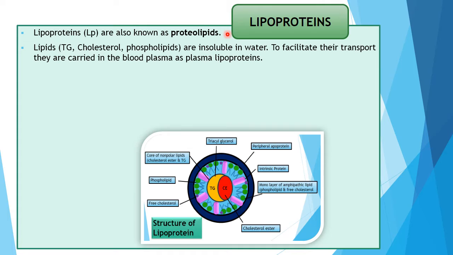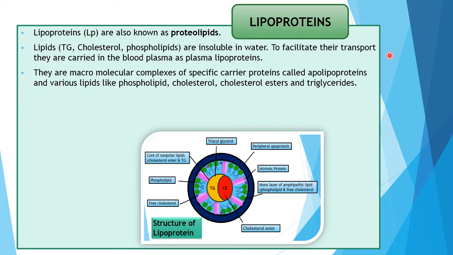You know that lipids like cholesterol, TG and phospholipids are insoluble in water. To facilitate their transport, they are carried in the blood plasma, and hence they are known as plasma lipoproteins. They are macromolecular complexes of a specific carrier protein, known as apolipoprotein, and various lipids like phospholipid, cholesterol ester and TG.